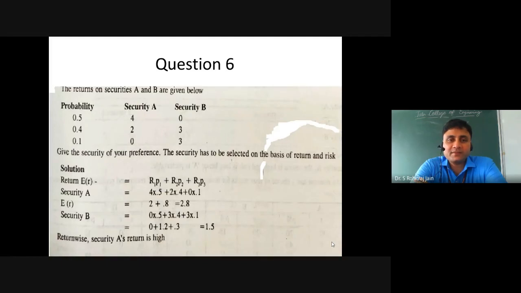Security A: 4, 2, 0; security B: 0, 3, 3; and the probabilities are 0.5, 0.4, and 0.1. They ask for the security of your preference. The security has to be selected on the basis of return and risk.